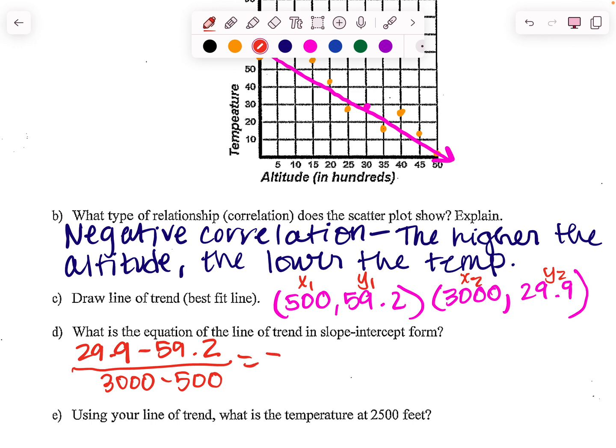Remember, I should get a negative slope. What is 29.9 minus 59.2? And then in the bottom, we have 2,500, correct? What is that as a decimal? Divided by 2,500.